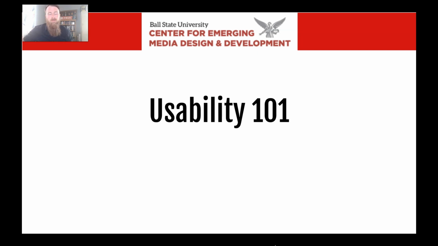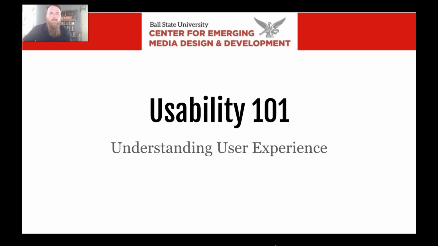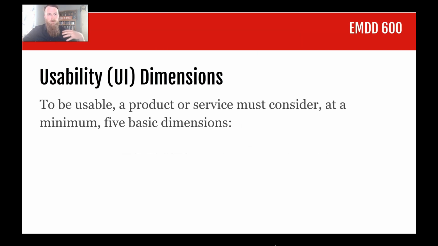So this is Usability 101, and inherently we are trying to understand user experience. The purpose of understanding the usability of a particular user interface is understanding how it affects users and their journeys to using that piece of a system. So delving in quickly, usability, thinking about UI, right? So the user interface.